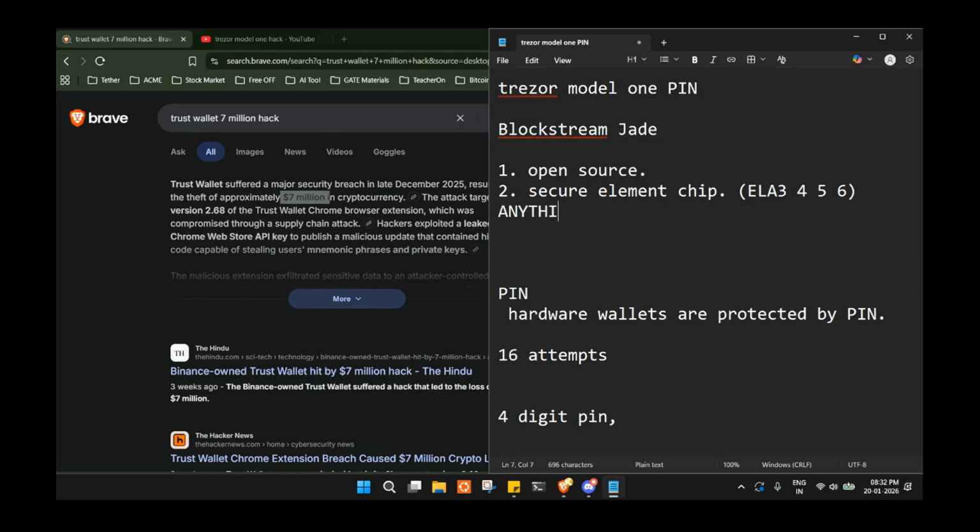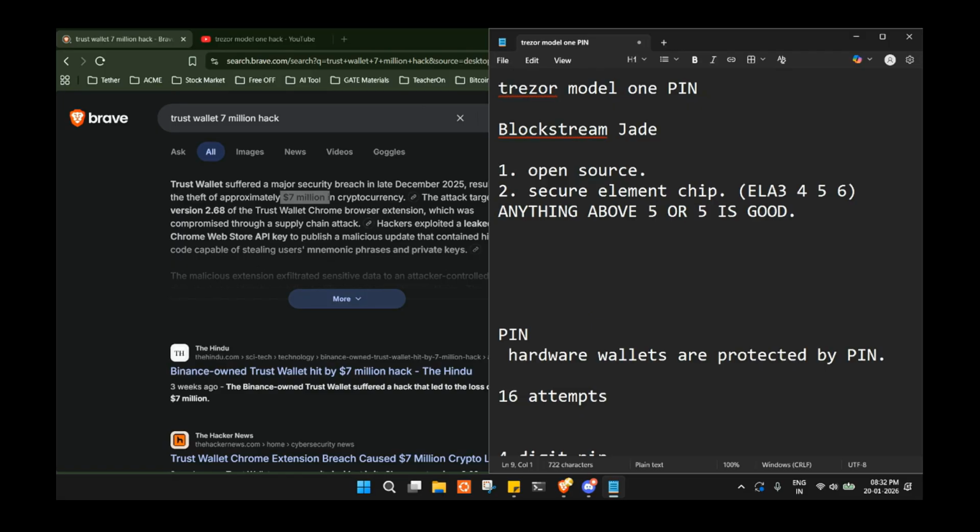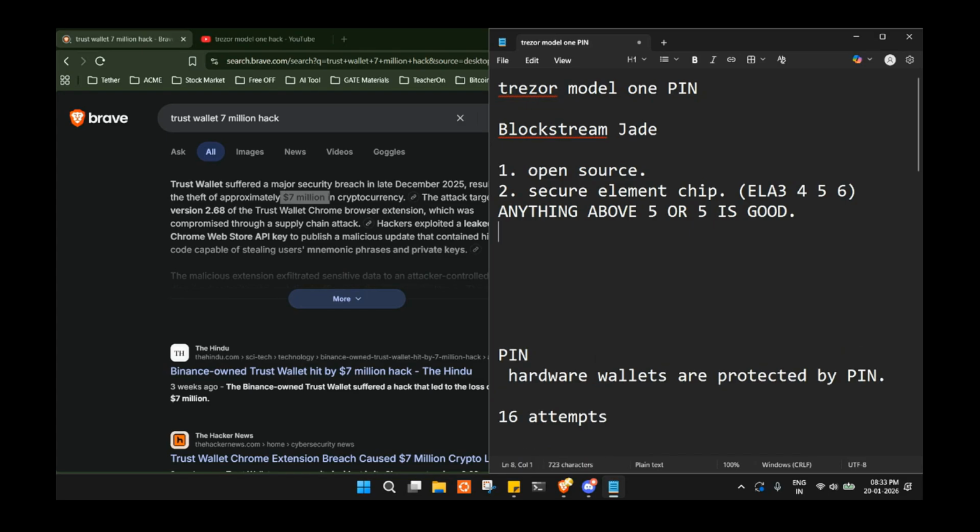Anything 5 or above is good, because the credit cards and all those things you are using also come with secure element chips, and those also have EAL plus security. It could be EAL4, EAL5. So anything 4, 5, 6 is okay. That thing you have to check.